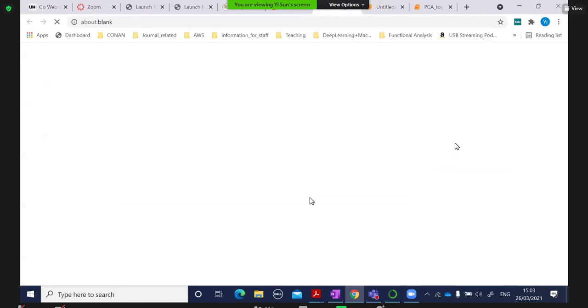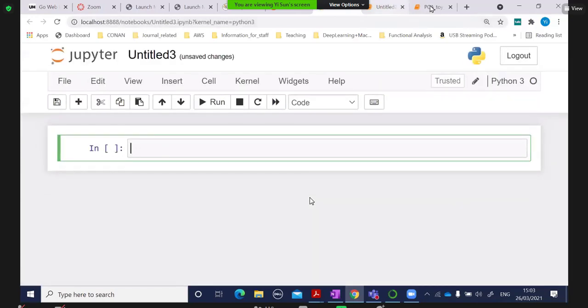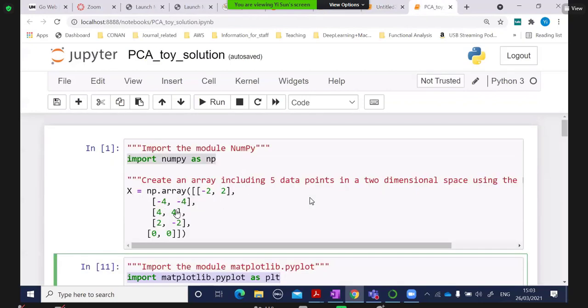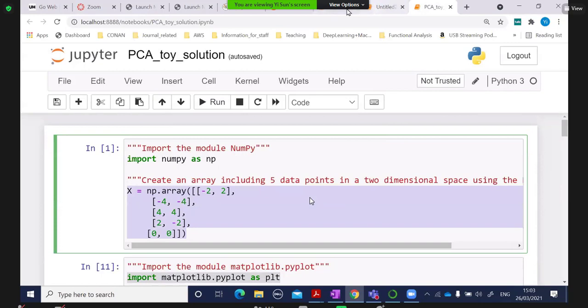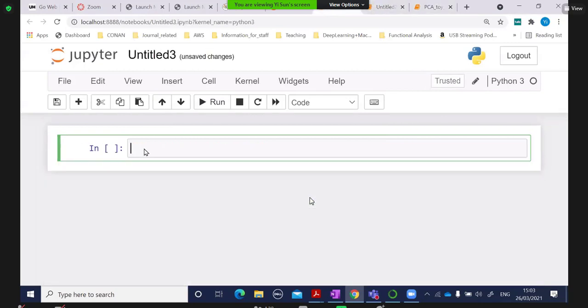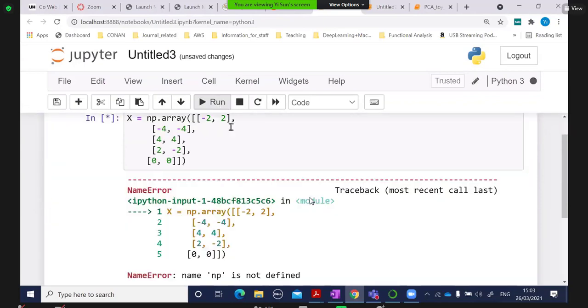New Python code. So here everything is new. Let me say I want to generate an array in my new file here. I paste it and I run it. This is the error message we have got here.